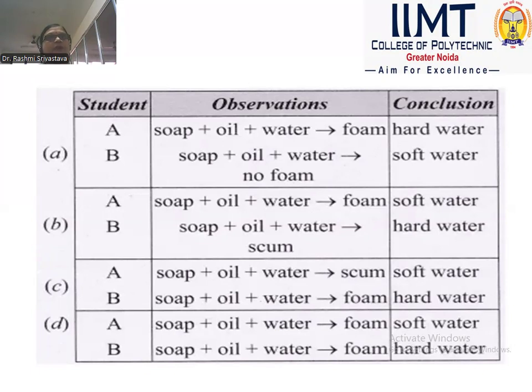If the foam is formed quickly, then the water is hard. And if, with soap plus oil plus water, there is no foam after shaking, then the water is soft in nature. So these are the methods to identify whether the water is soft or hard.